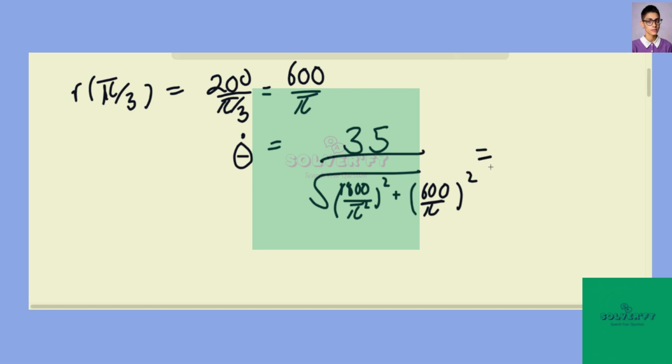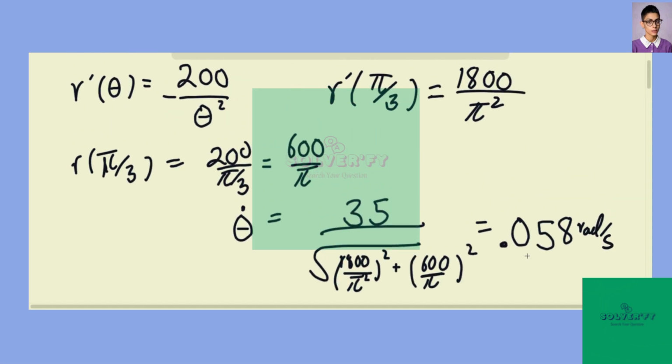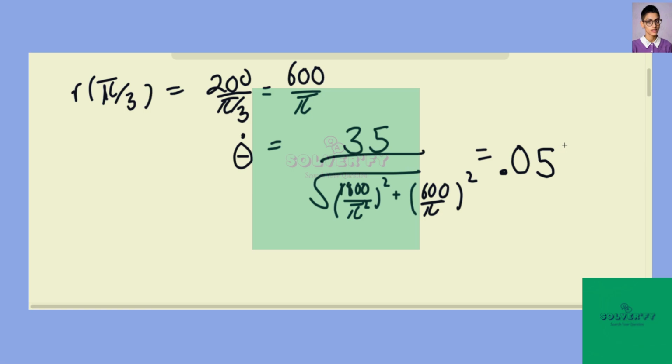And we'll plug this into a calculator real quick. 35 divided by quantity square root of quantity 1800 divided by pi squared plus quantity 600 divided by pi squared gives us 0.058 radians per second.